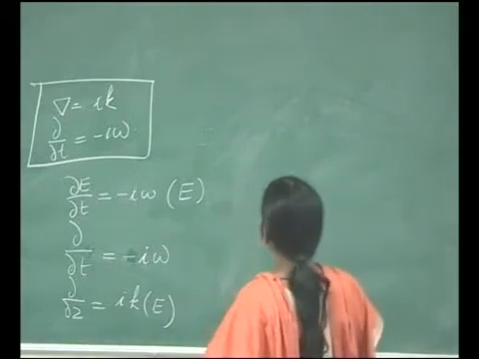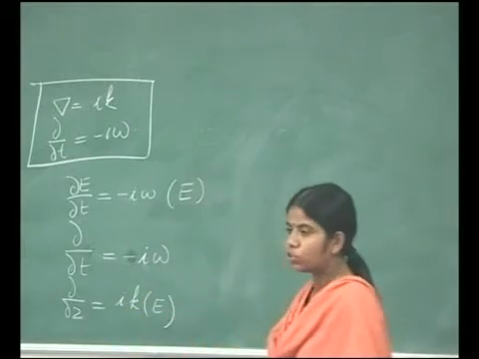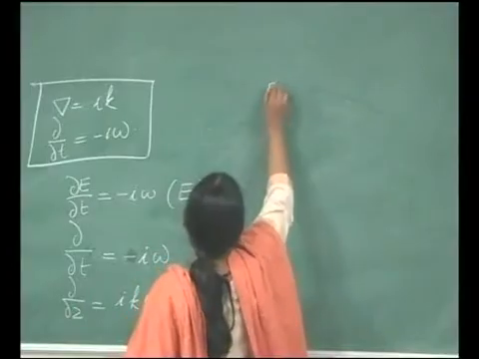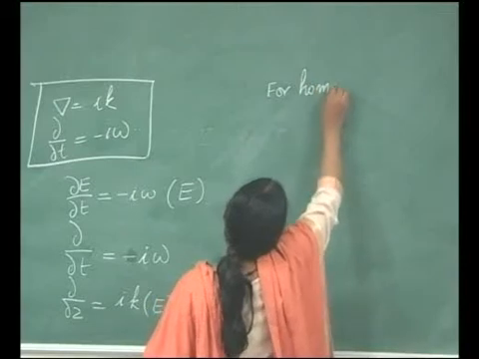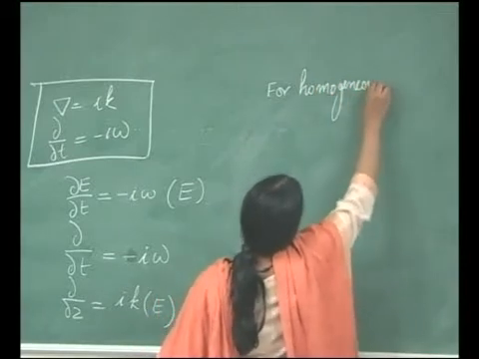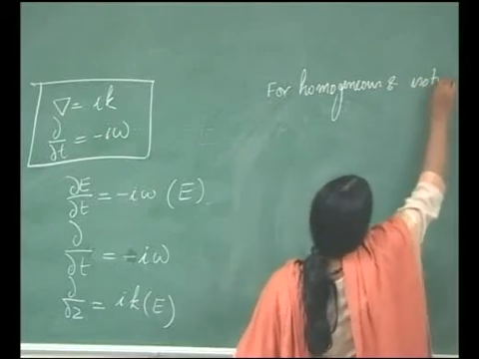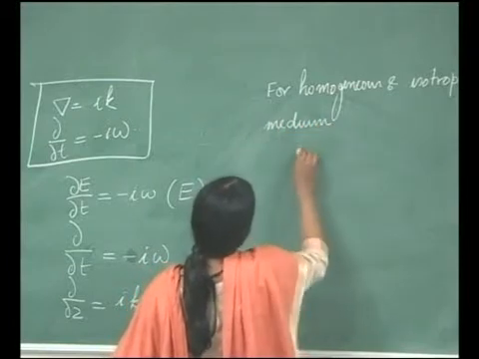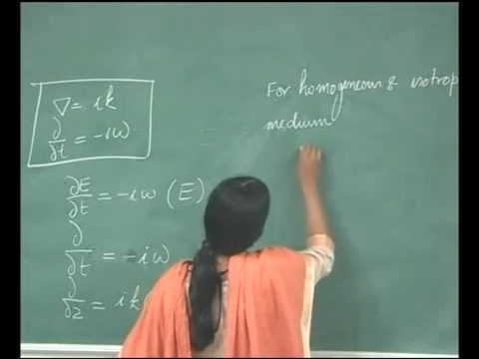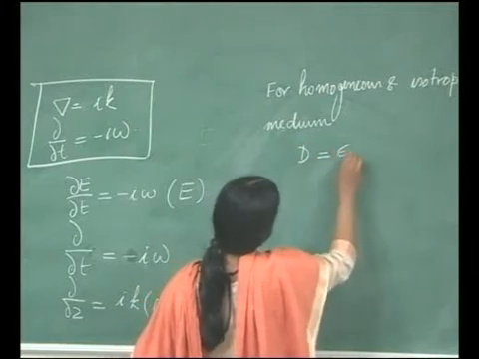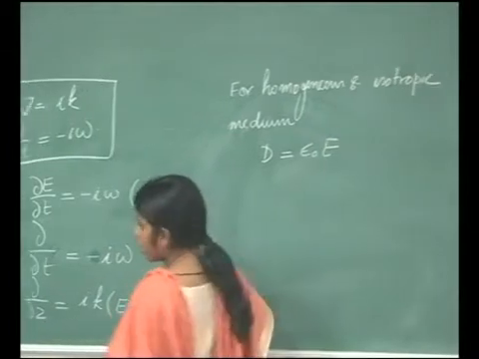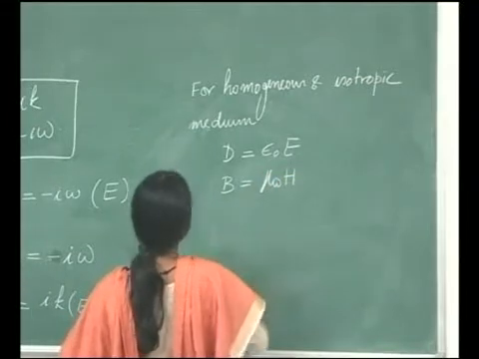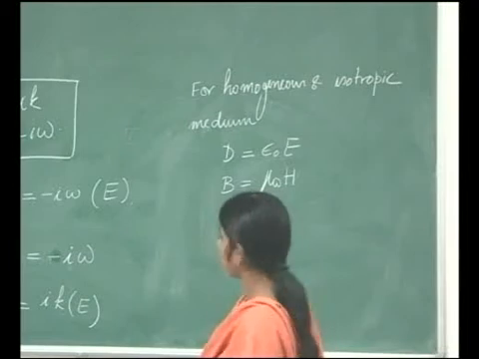If my medium is homogeneous and isotropic, I can write that D is equal to epsilon naught E, and B is equal to mu naught H.